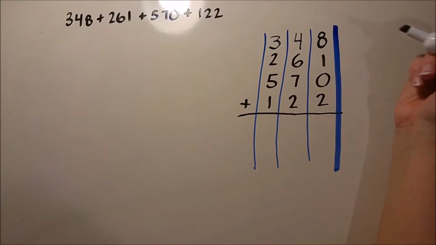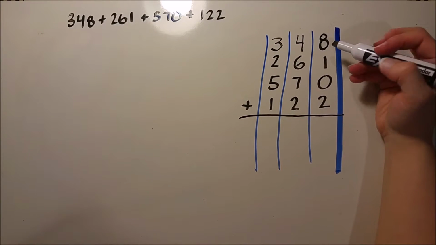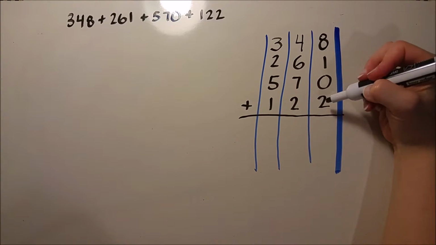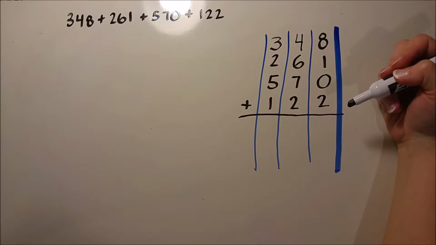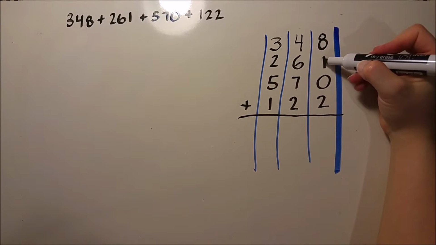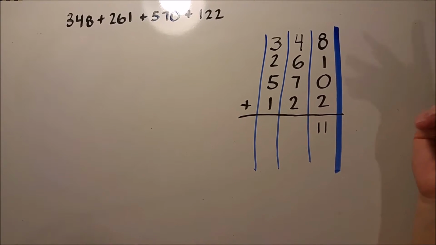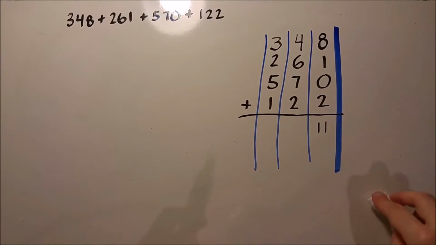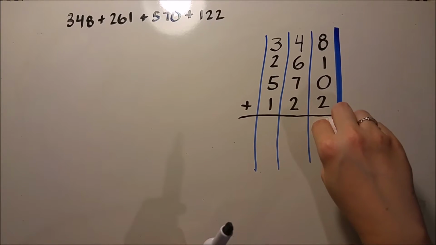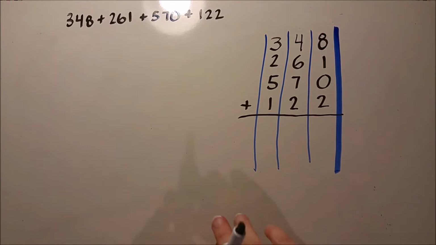Okay. If we have 8 ones, 1, 1, and 2 ones, how many ones is that all together? 8, 9, 10, 11. But I can't just write 11 here. 11 ones, that's actually a 10 and a 1, right?